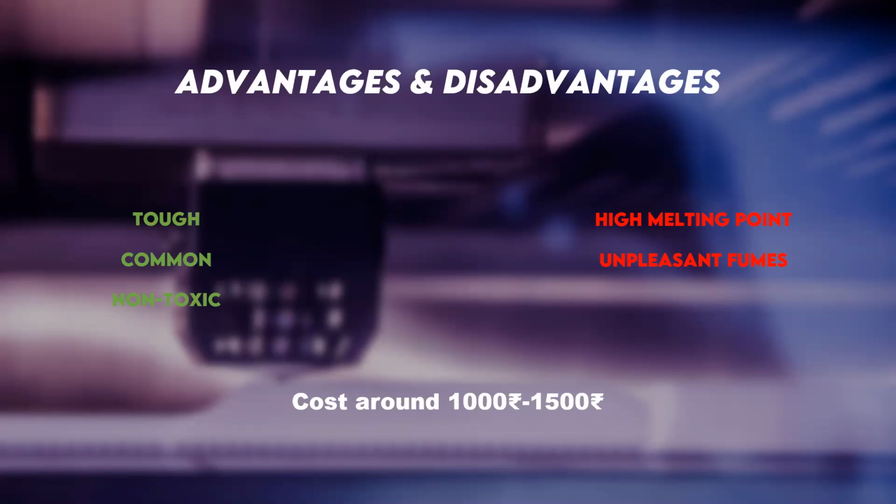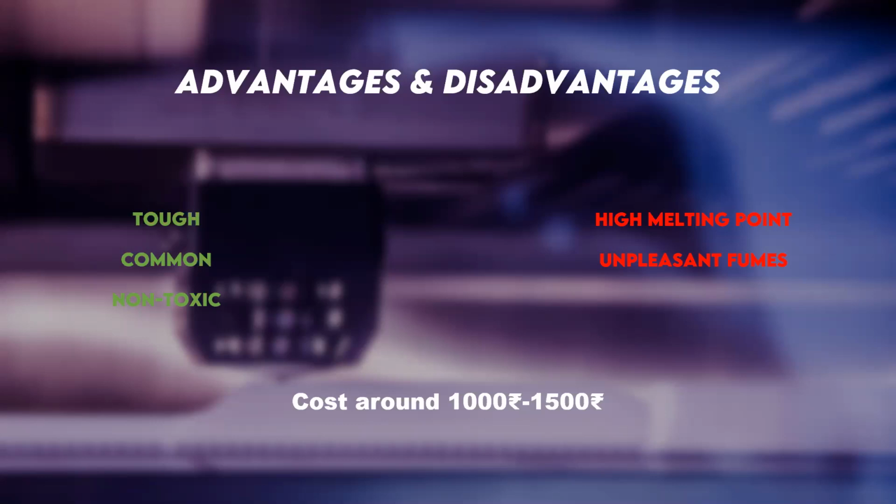It's a health hazard for us, so that's one of the main disadvantages of using ABS. We require an open environment, or we should use a vacuum environment, like the 3D printer should be fully enclosed and the air must be sucked out using a vacuum cleaner.